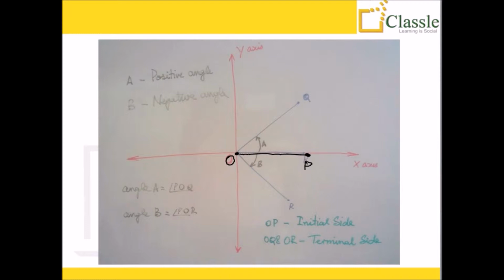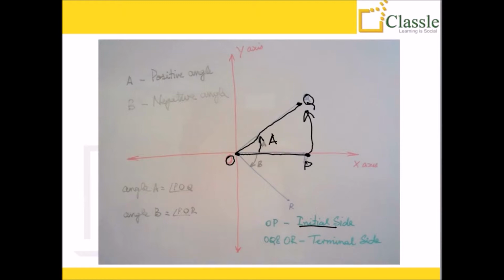Now with O as a center, let us move the line counterclockwise until it reaches the point Q. So OP is the initial side, like it says here, and then OQ is the terminal side. So the amount of rotation as shown here, let us call it A.